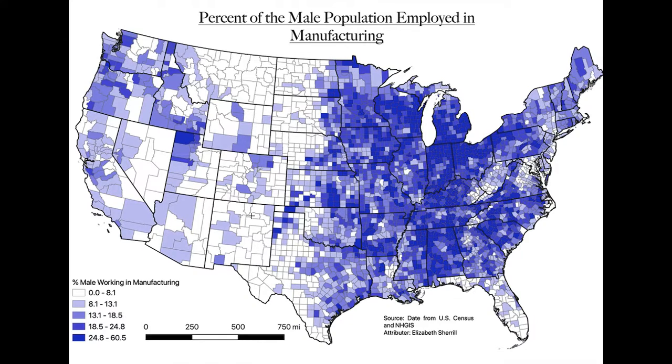And then in order to do this in QGIS, we divided the number of men employed in manufacturing by the total population of men, and then multiplied it by 100 to turn it into a percentage. And then we did the same thing for women, dividing the total number of women working in educational services, healthcare, and social assistance by the total number of women, and then multiplied by 100.